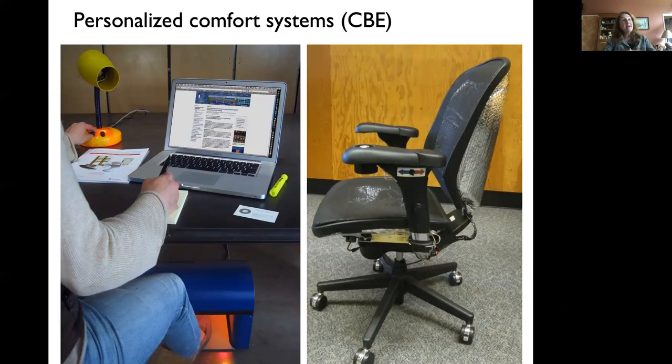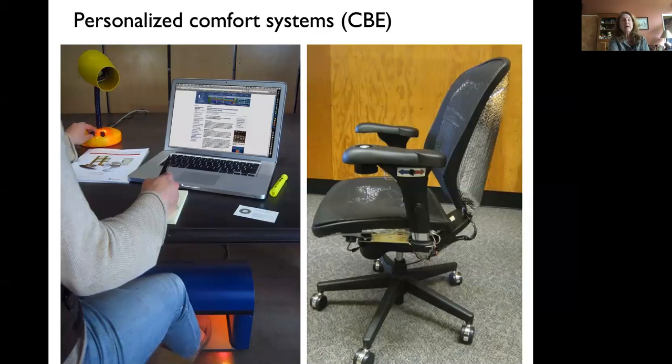Well, we wanted to take that a bit further and ask, what if there was a retrofit option, not just dependent on the system, but a way to really move that personalized conditioning from the zone level down to the person level. So you saw on the tour, we've done these foot warmers and the desk-based fans as shown on the left. We've done our heated and cooled chair as shown on the right.